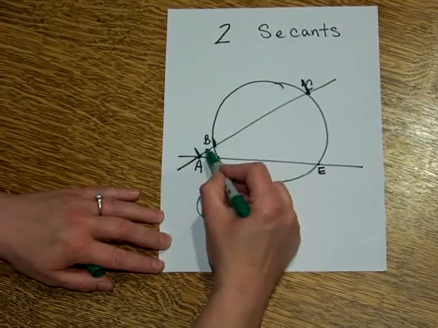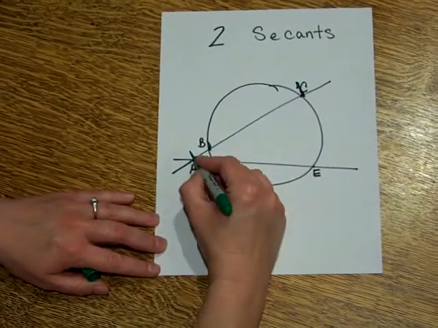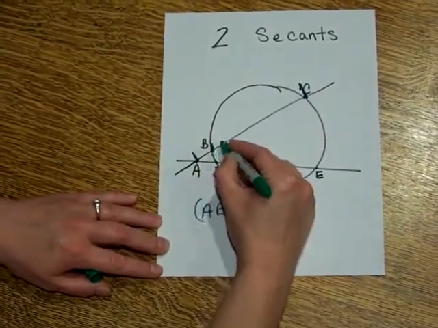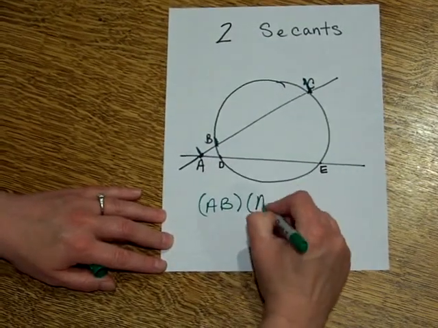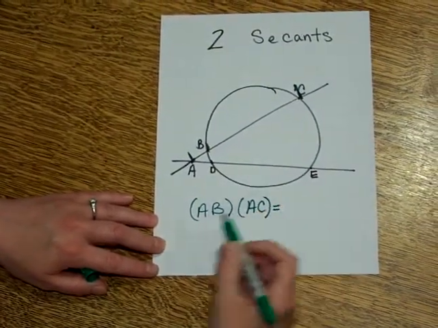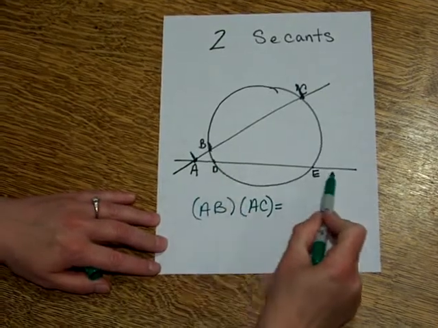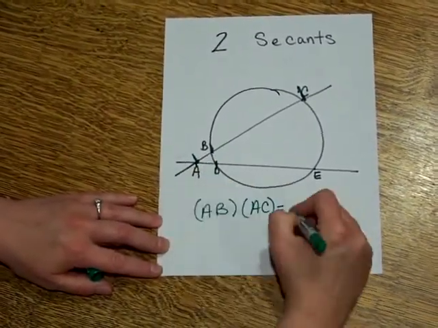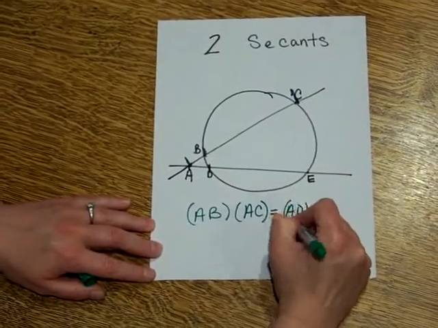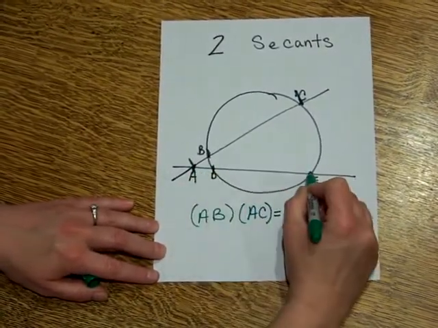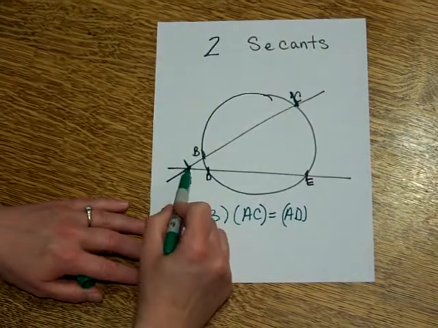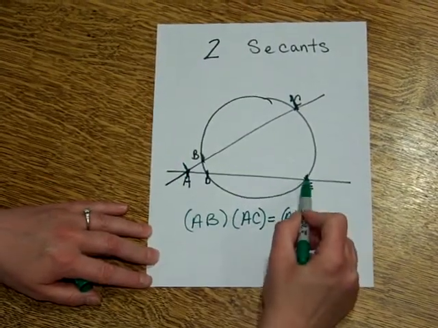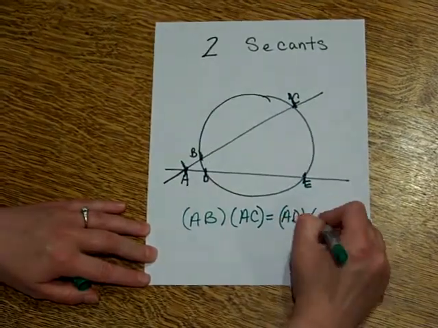The first one is this first piece, AB, AC, not BC, all the way through. AB times AC equals the same thing on this lower secant: AD, the external piece, times AE, all the way through from the external point to the second end point.